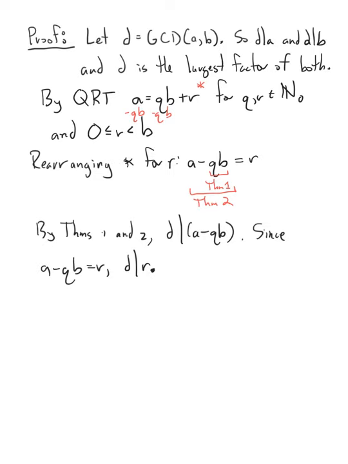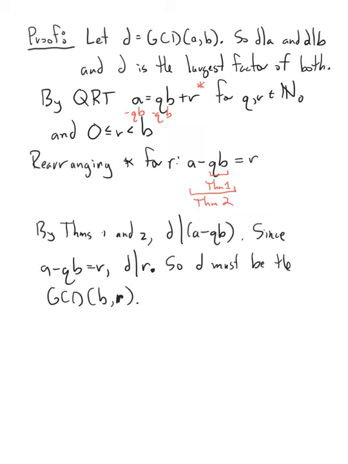So this tells us D must be the GCD of B and R. So that's really cool. So we get that the greatest common divisor of A and B is the same as the greatest common divisor of B and the remainder R. Fantastic stuff.